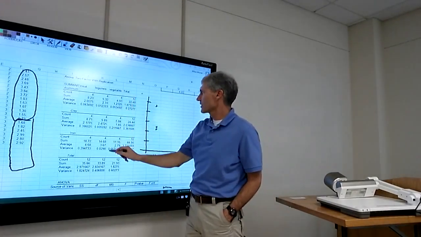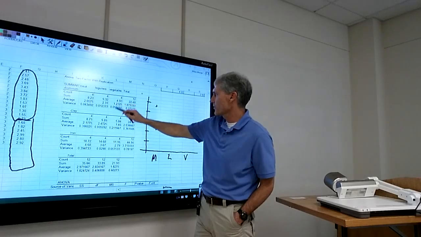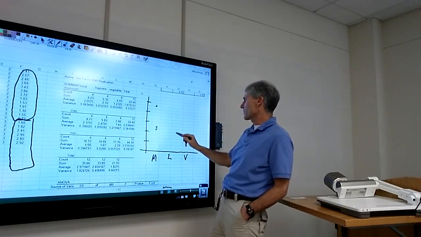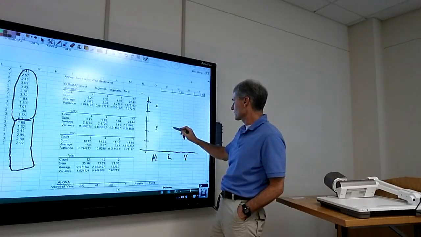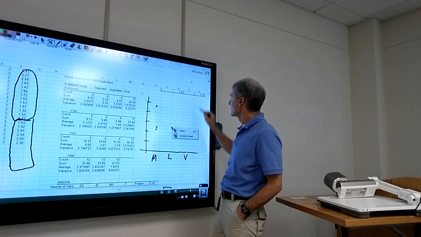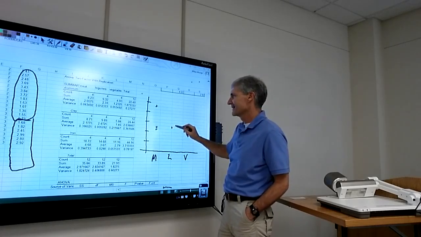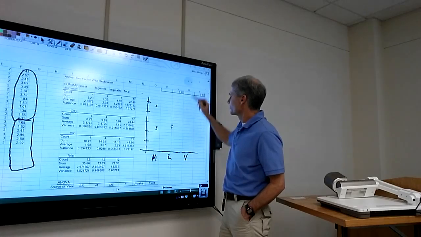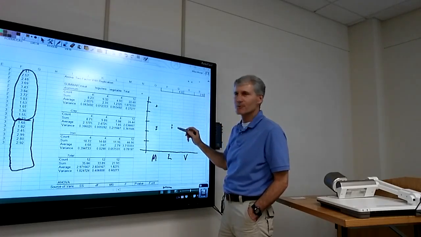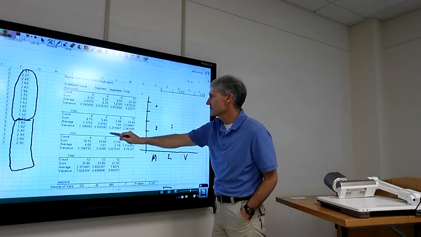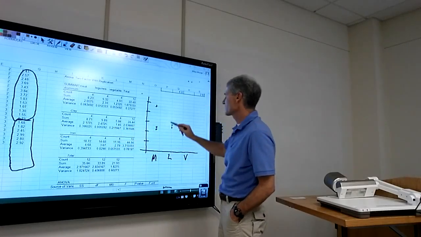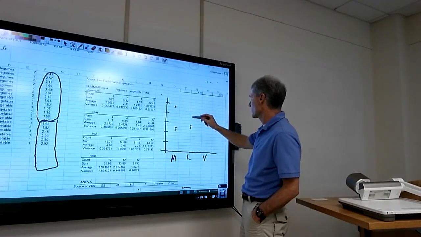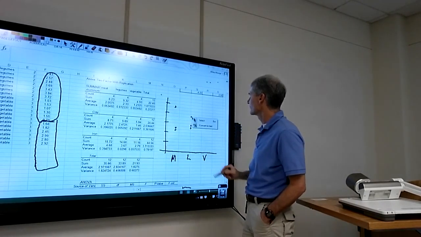And then for legumes, we go 2.33, 2.47, and 3.67. So 2.33 is about right there. I'm not being very accurate, obviously. And then 2.47 is just a little bit above that. I should be using a different symbol, but you can keep track for me. And then iron is 3.67, about two-thirds of the way up.